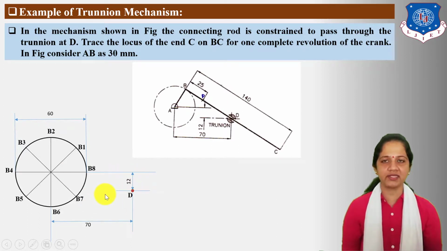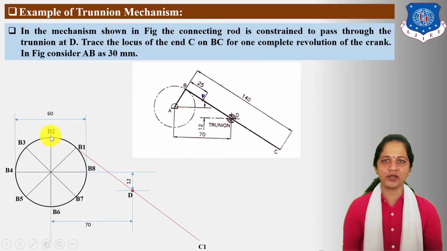Now, in this mechanism, at every position of crank, rod BC is always passing through Trunnion point. So, connect B1 D point and take total length is 14 cm because the length of BC rod is given 140 mm and at end point locate here C1 point.